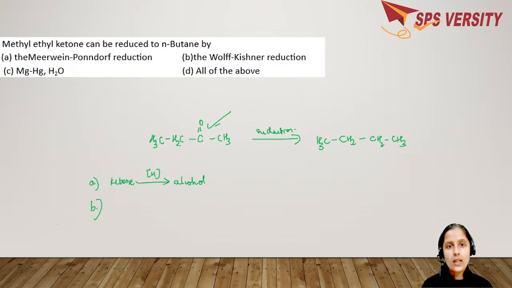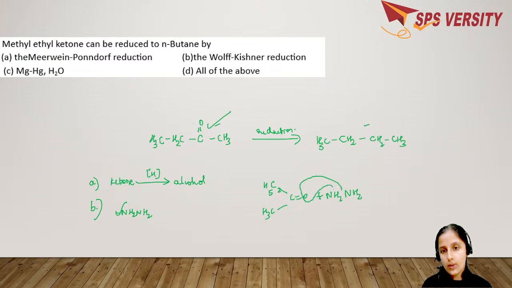And if you go with the second one, Wolff-Kishner reduction, that uses hydrazine. For example, if you take C2H5, C double bond O, CH3, plus NH2NH2, then one water molecule gets eliminated.